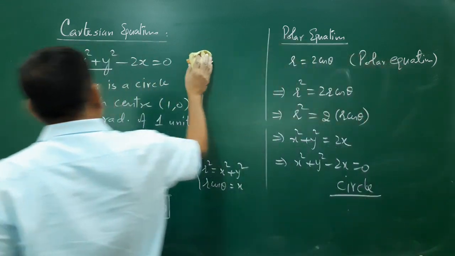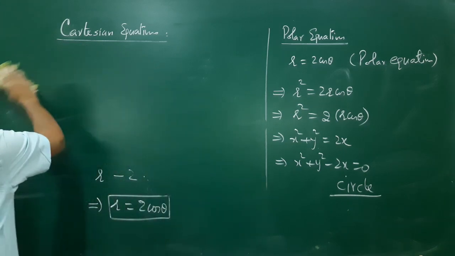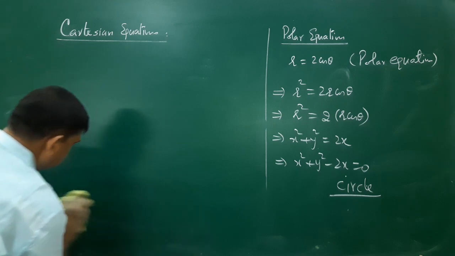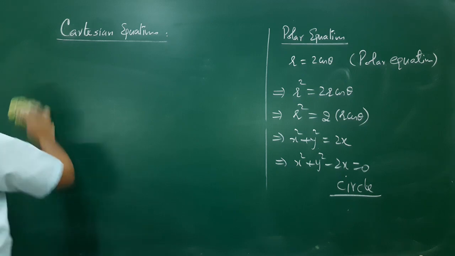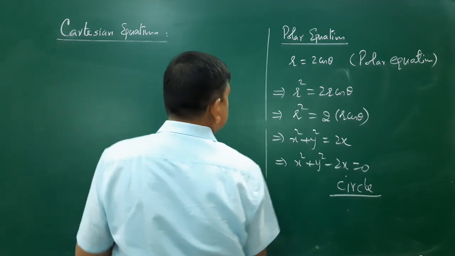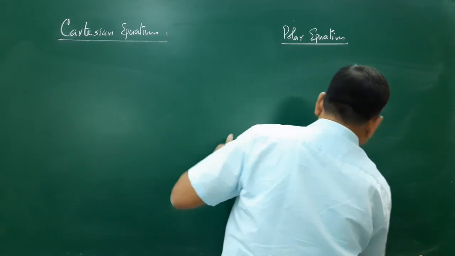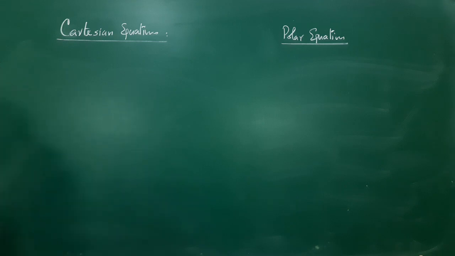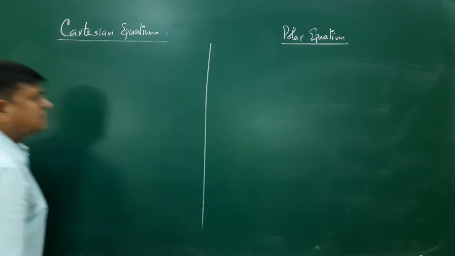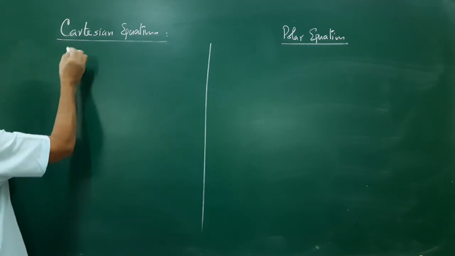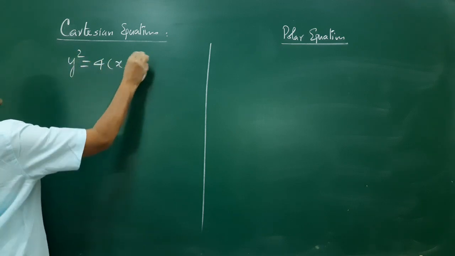We discuss one more example. y square equals 4 times (x plus 1).